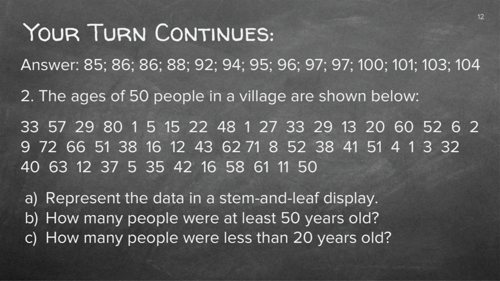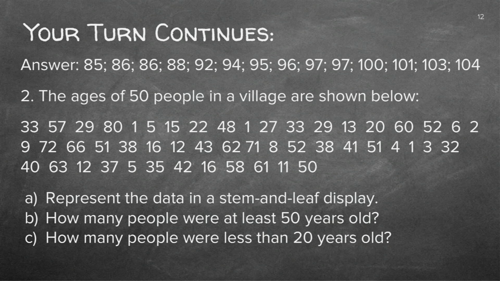Okay. So let's see, how did you do? 85, 86, 82, 86, 88, 92, 94, 95, 96, 2 97s, 100, 101, 103, and 104. How did you do? Congratulations if you got this all correct.